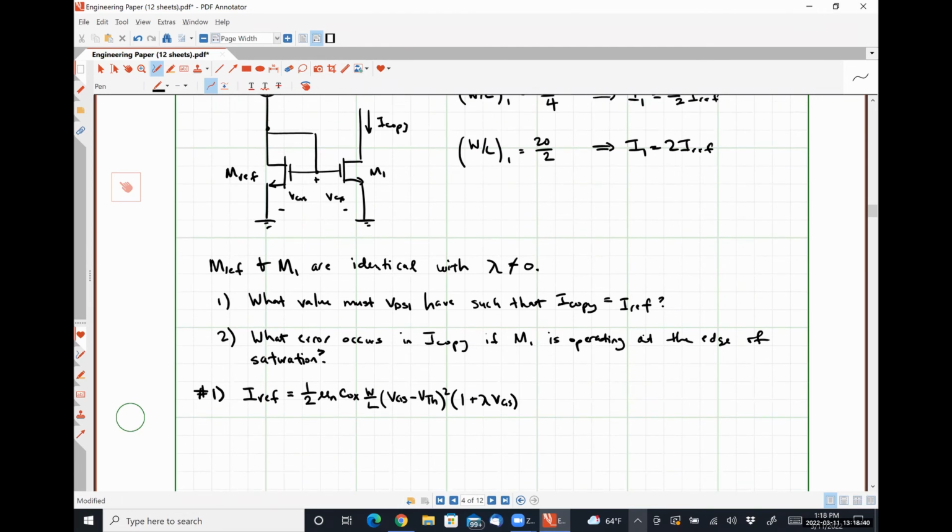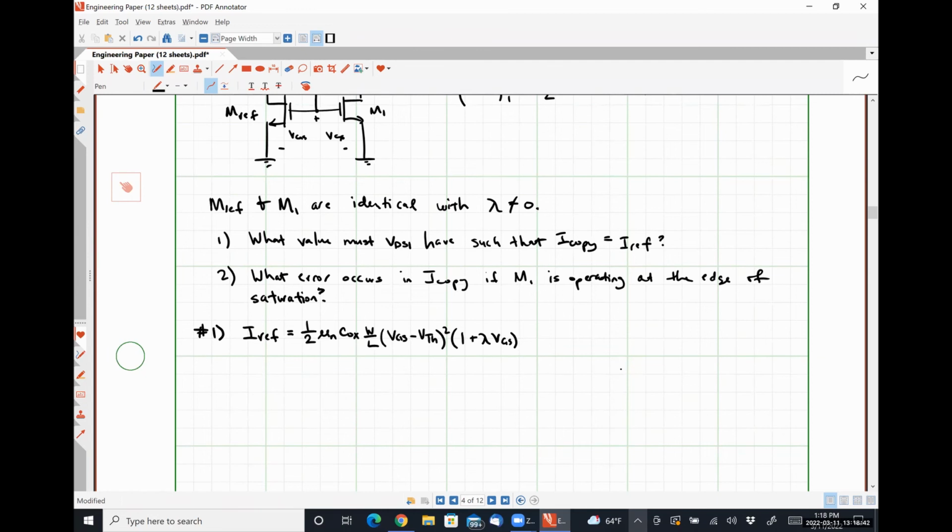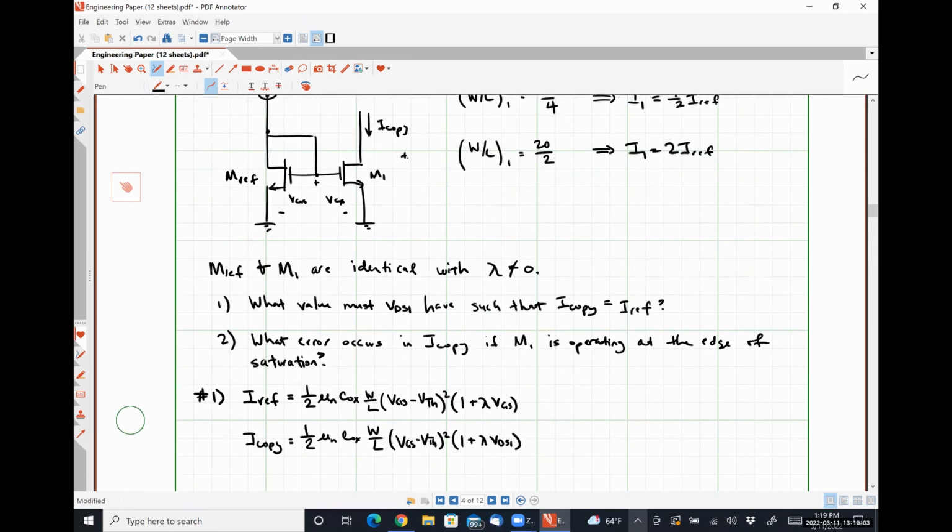For our copy transistor, I copy is 1/2 μn Cox W over L, that same VGS minus VTH quantity squared, times 1 plus lambda VDS1, where this is the voltage VDS1.